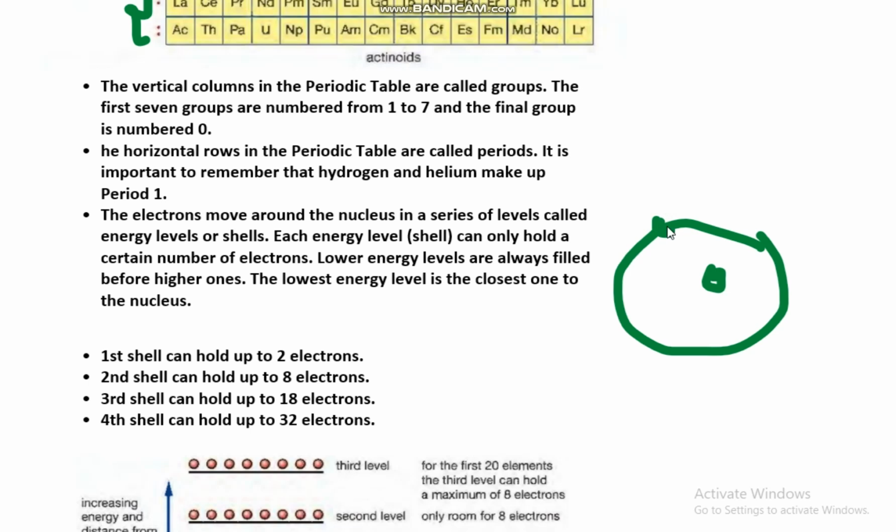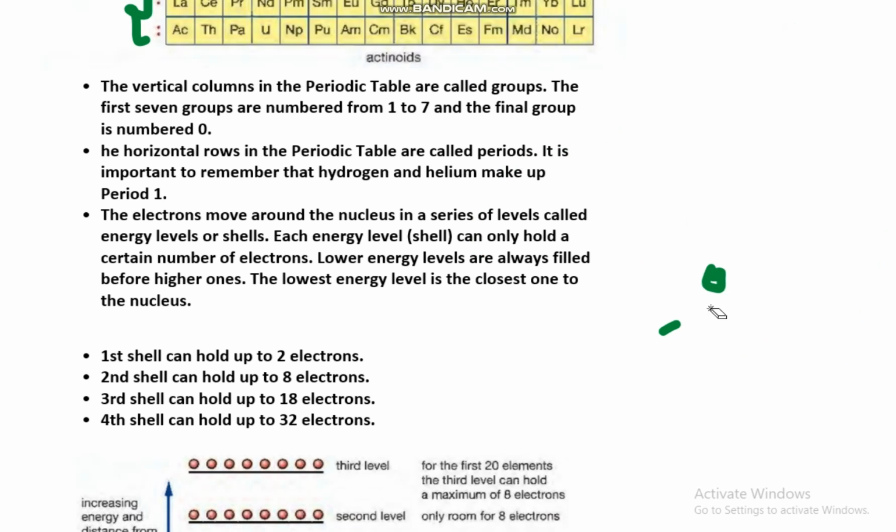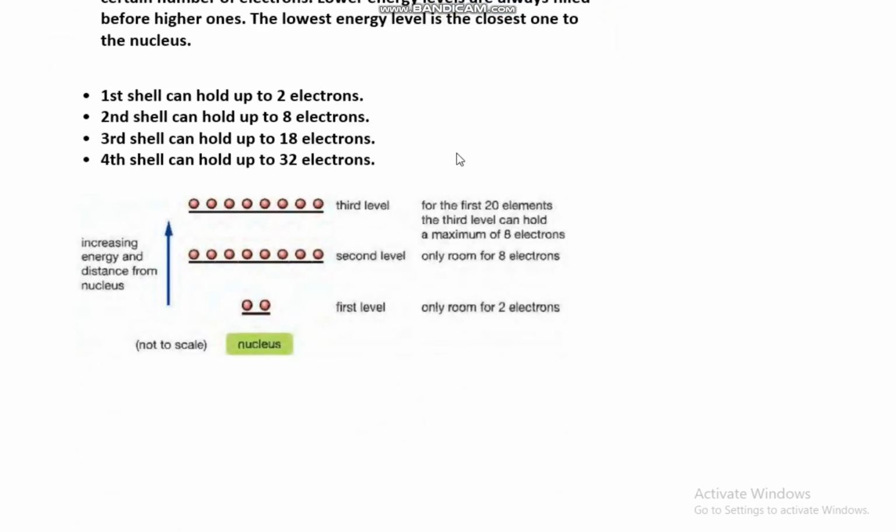The electrons are constantly moving around it because of forces of attraction, but the nearest or closest one has the lowest energy level. So this is how it happens, and then we say energy levels allow electrons to orbit around the nucleus.